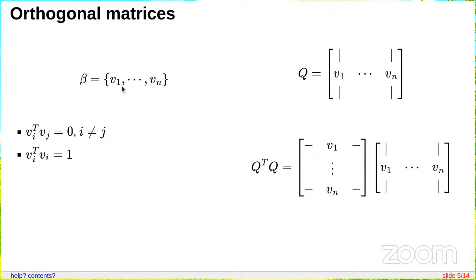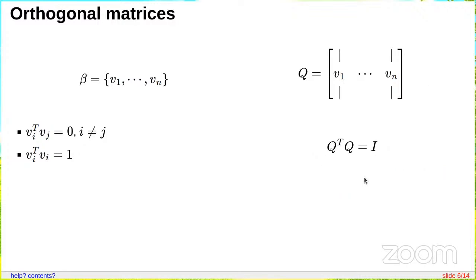Because all the diagonals will be 1, since the diagonals will be vi transpose vi. V1 transpose V1 will be 1, V2 transpose V2 will be 1, and so on. But everything else will be 0. So Q transpose Q is I, the identity matrix.